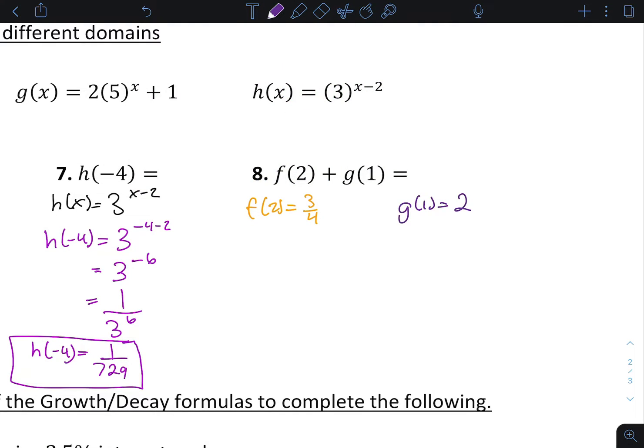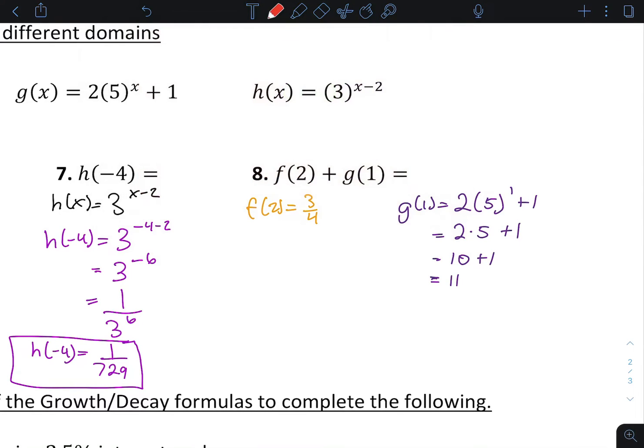G of 1 equals 2 times 5 to the 1 plus 1. So 5 to the first power is just 5. 5 times 2 is just 10. And 10 plus 1 is 11.